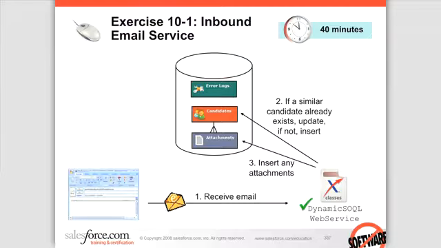If the candidate does exist, we are simply going to take the attachment. The attachment would be something like a PDF resume or a Word doc resume. And so the candidate would have an associated attachment, which would be the file format of their resume.